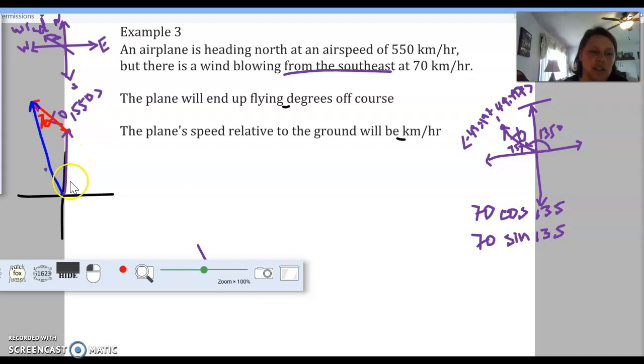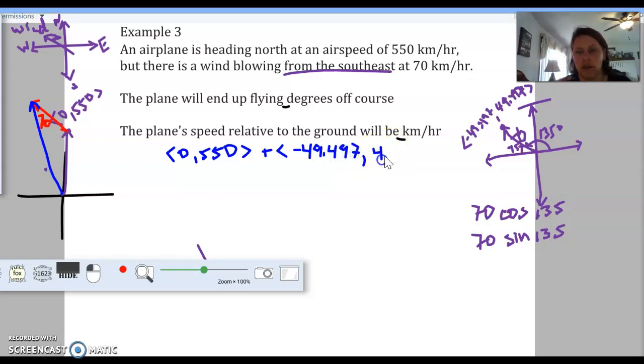So I want to know what happens after the wind is applied to the airplane. What does that do to my airplane? So I'm going to add the vectors. I had my airplane vector, which is in purple, right here. My airplane vector was the vector 0, 550. Now I'm going to add on the wind vector at negative 49.497 and positive 49.497. Once I add those two vectors together, I can actually do that one without a calculator.